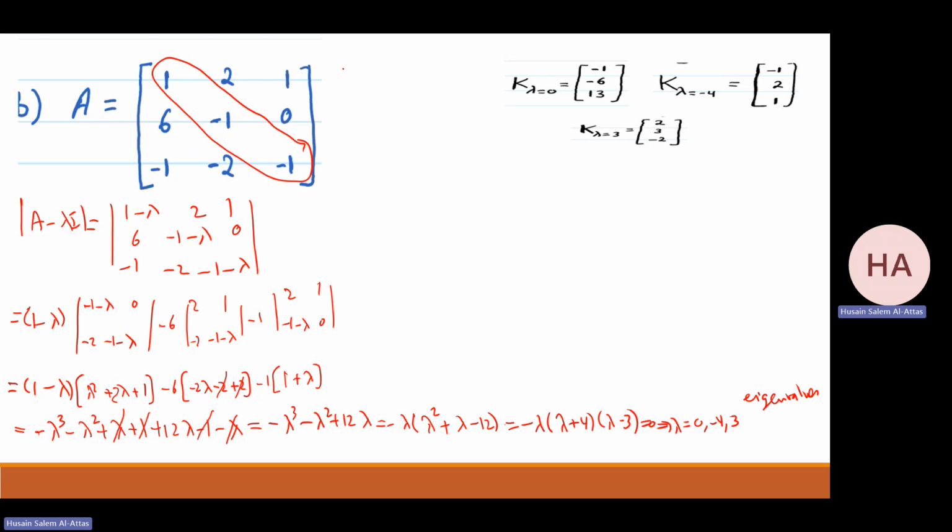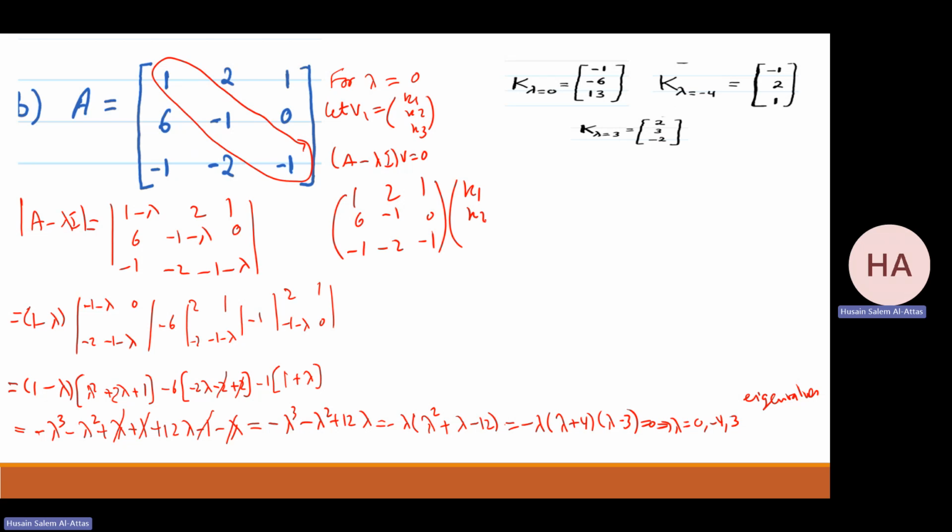Now for lambda equals 0, I need to do the eigenvectors. Let V1 be K1, K2, K3. I need to solve this. So I have what? 1, 2, 1, 6 minus 1, 0, minus 1, minus 2, minus 1, times K1, K2, K3 equals 0, 0, 0.